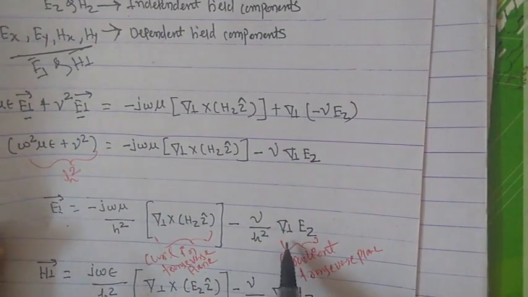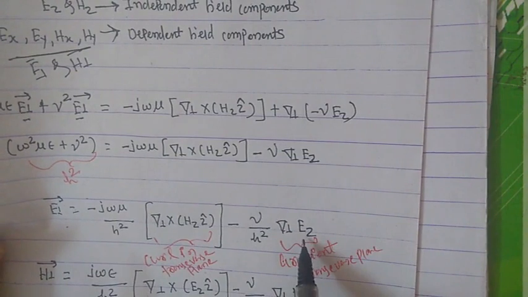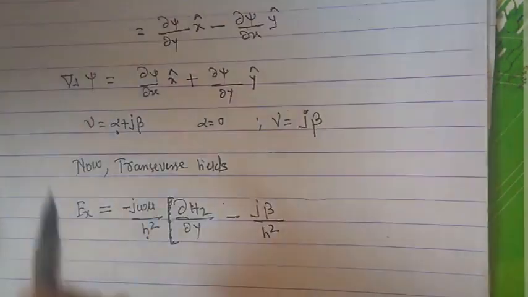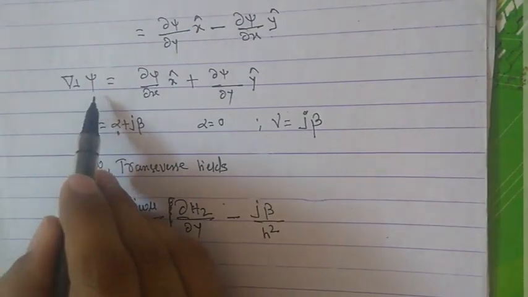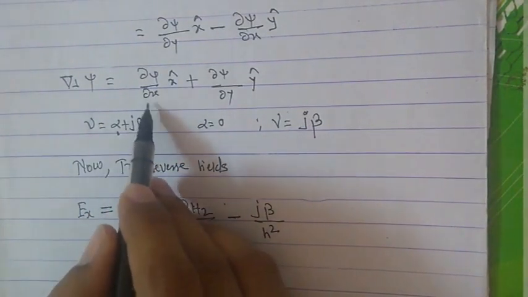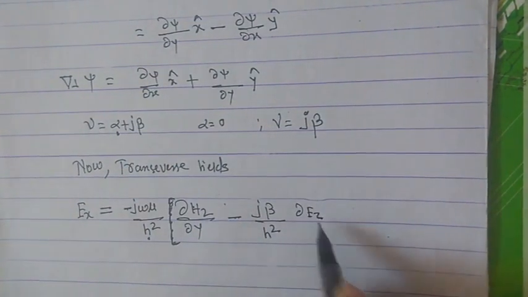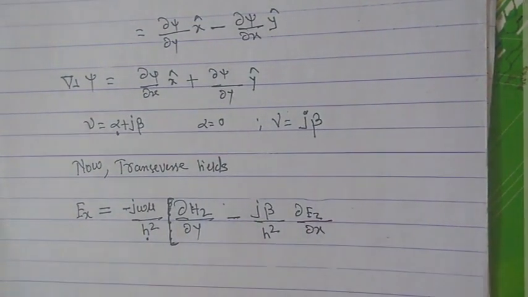Now del transverse Ez. So psi is Ez, and we take the x component of del transverse psi, that is del psi by del x. So it will be del Ez by del x. This is how we have written for Ex.